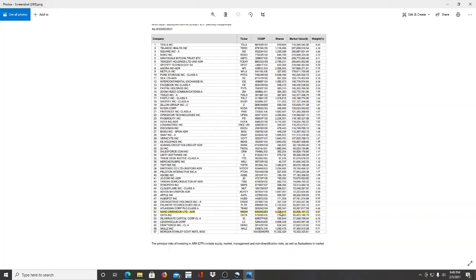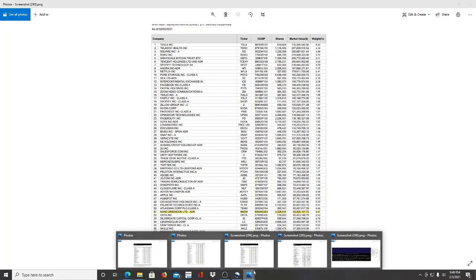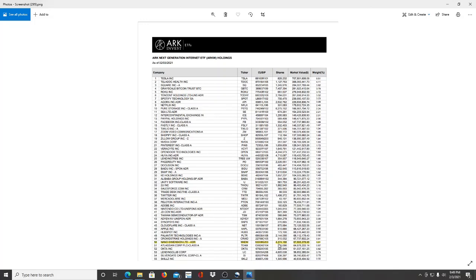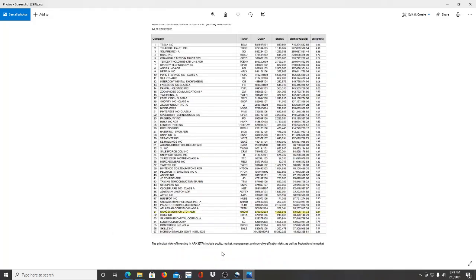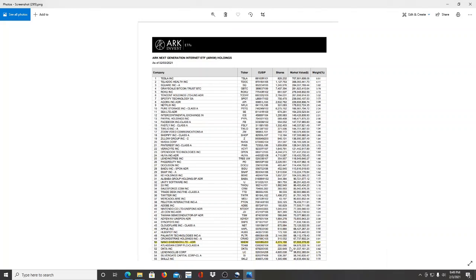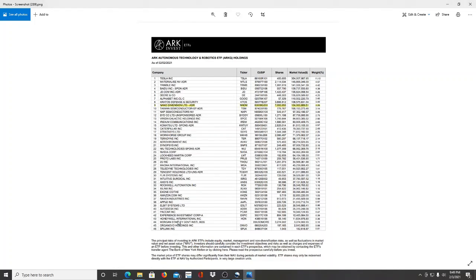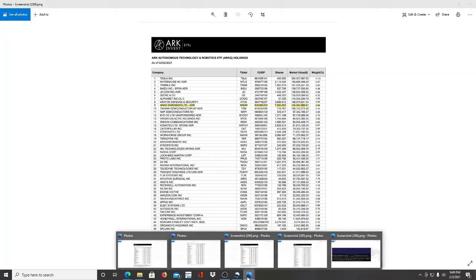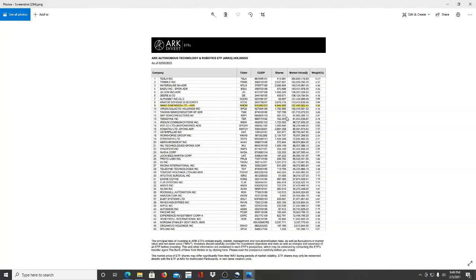ARKW yesterday was 4,328,916 shares, and today it's 4,374,168. So when we look at yesterday to today, it was only a difference of 50,000 shares. If they reallocated some of their shares over to this portfolio, then there would still be 100,000 from yesterday to today that have vanished, and that is because they have been sold.